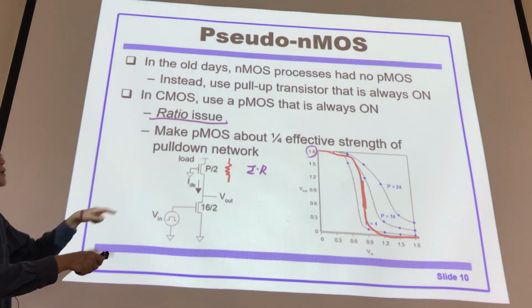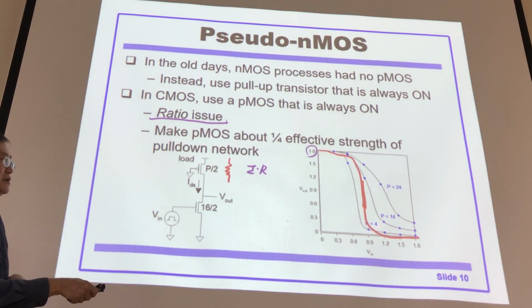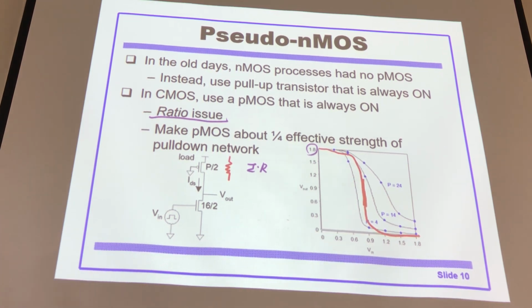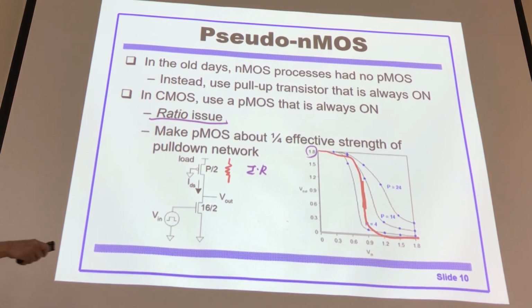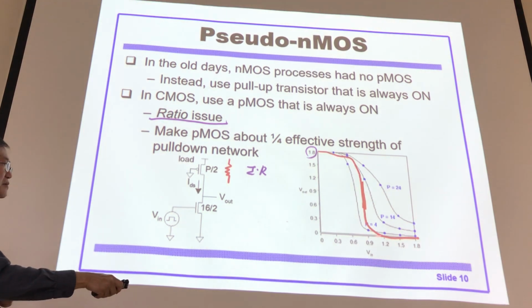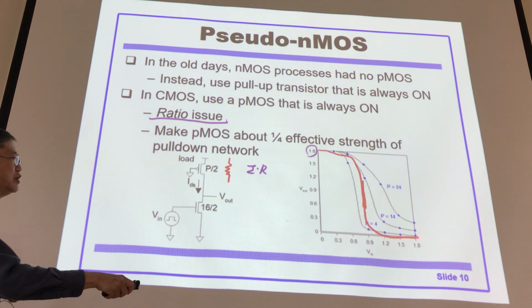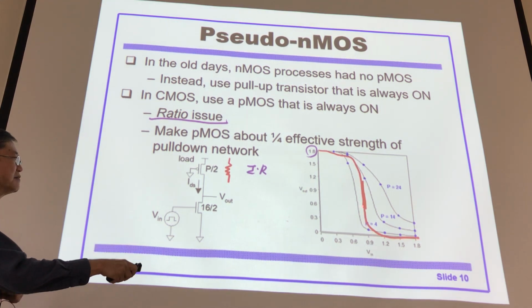And your output will change rapidly from high to low. That's the idea. Ideally we hope for this, but it's impossible, so we try to get close to the ideal waveform, which should look like this.